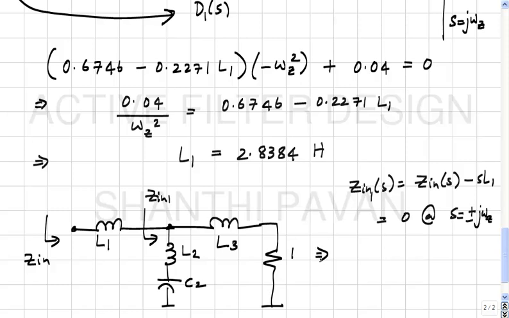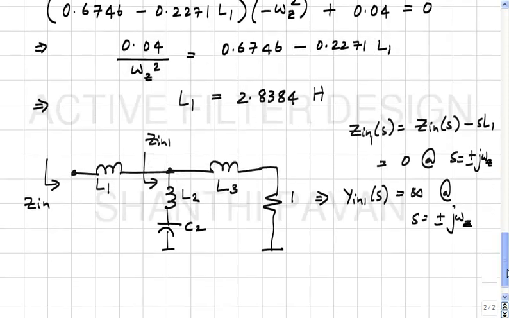In other words, yn1 of s goes to infinity at s equal to plus minus j omega z. Is this clear?